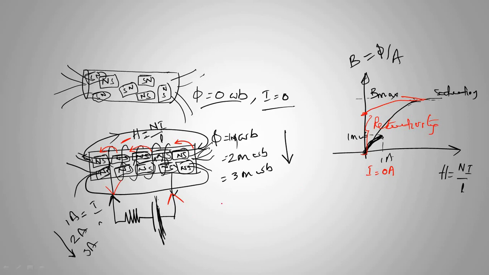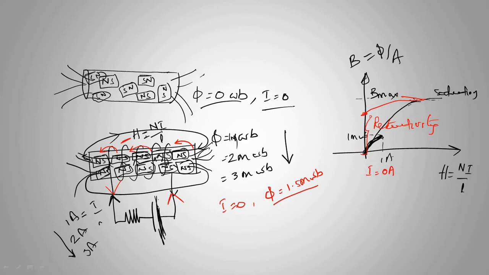Even though the current is 0, around 1.5 milliwebers of flux is existing, because some of the dipoles did not come to a random direction. They will remain in the particular direction only. So that we will call remanence or retentivity or residual flux.